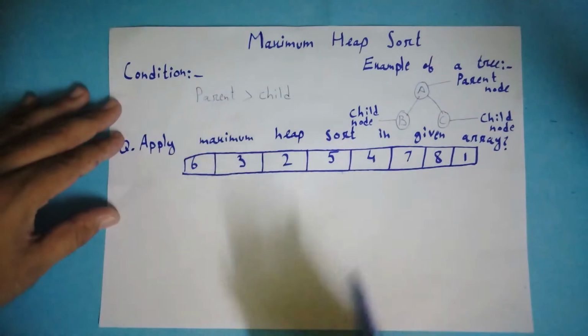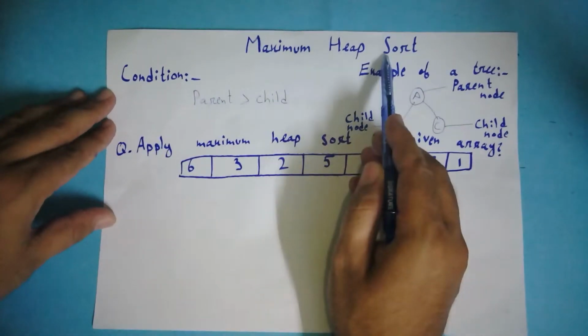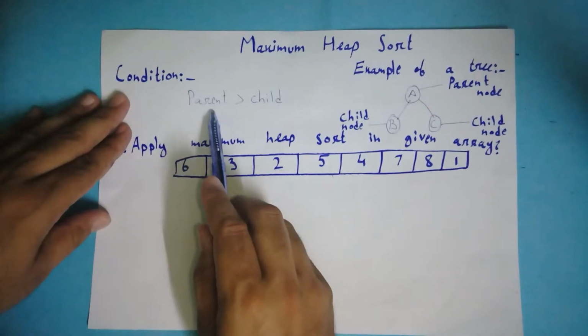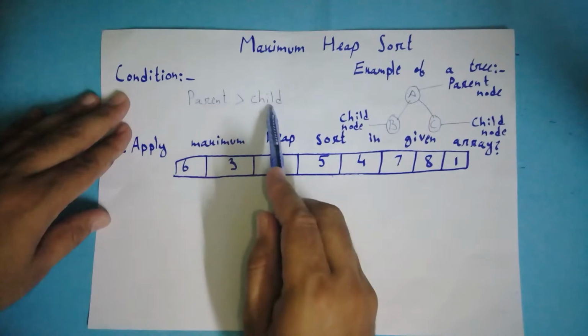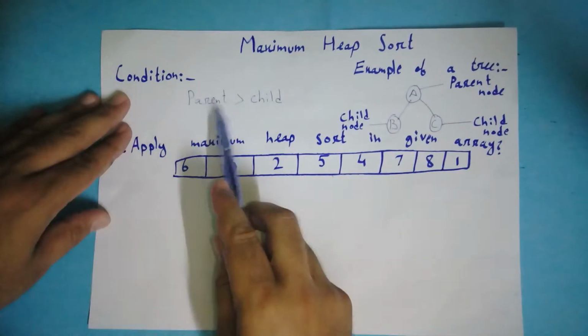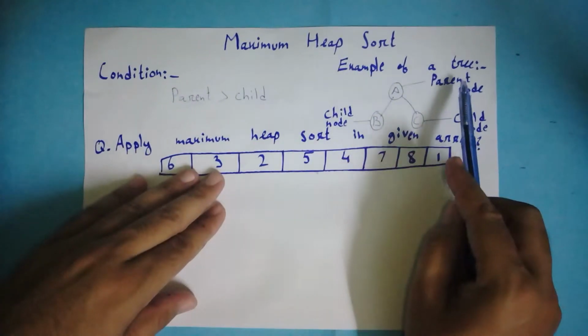So let's get started. In maximum heap sort, the condition is that your parent node should be greater than the child node. If you haven't got any idea about the parent node and the child node, here I've taken an example.